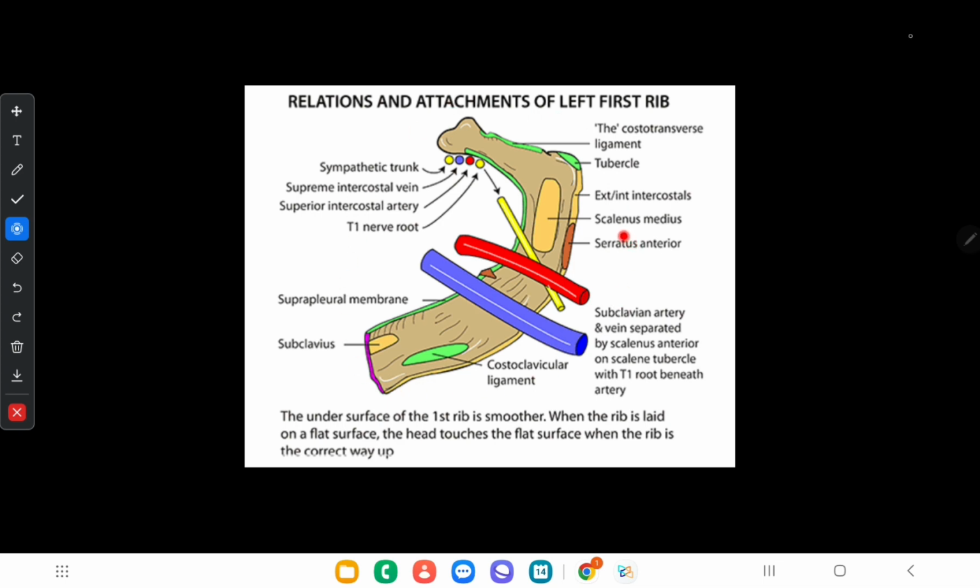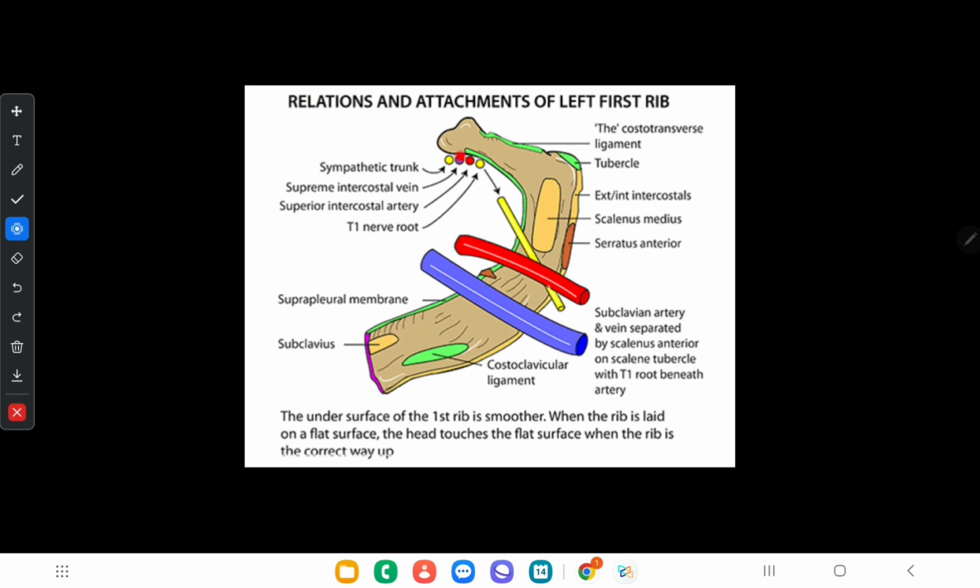This has an upper surface and lower surface instead of the upper border and lower border in a typical rib. The first rib is the shortest, broadest, widest and most curved rib in the rib cage. There is no costal groove in the first rib.